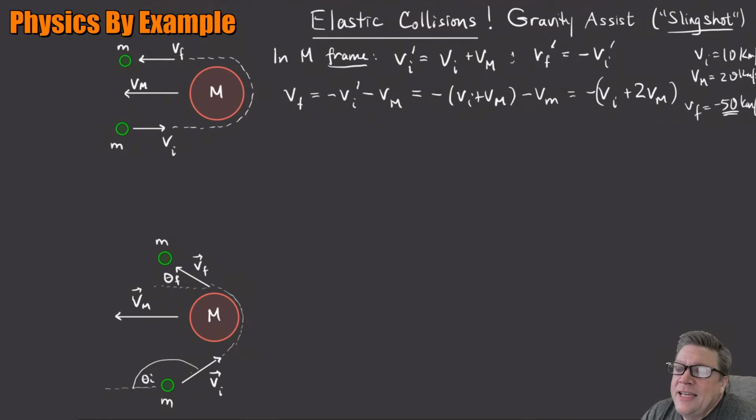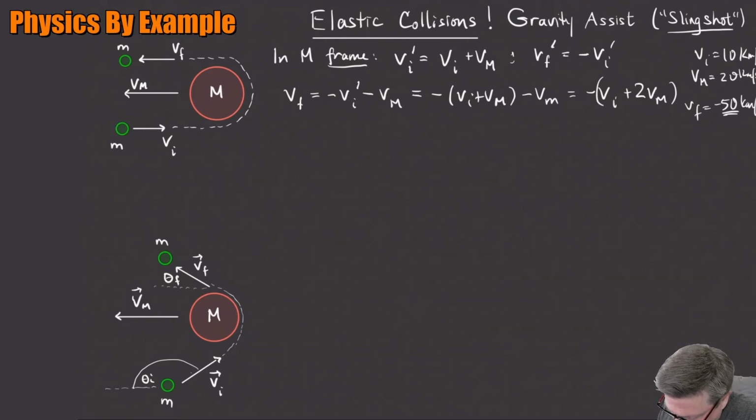So let's see how we're going to do it. Again, the easiest way to analyze this is in the frame of the planet being at rest, and then we'll transform back out. So how are we going to do this in general? I've got something like this. Let's draw these vectors out.